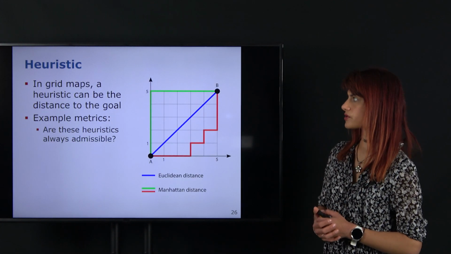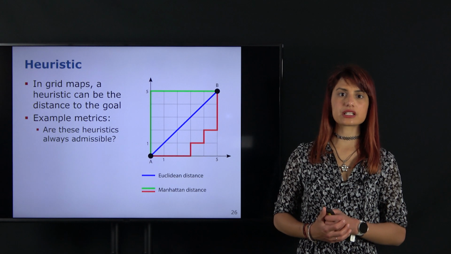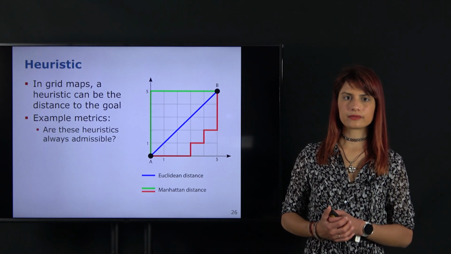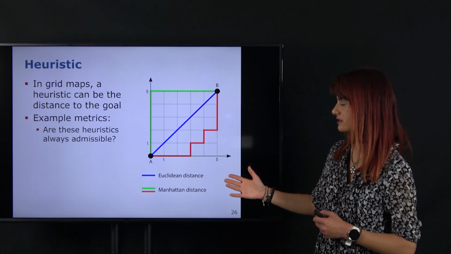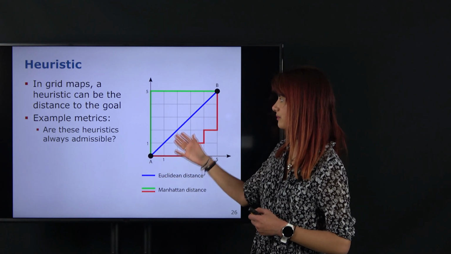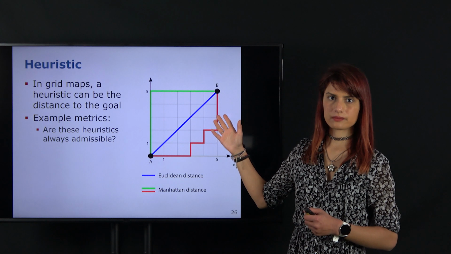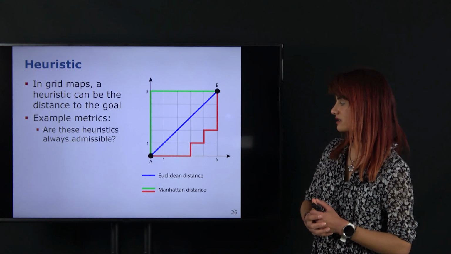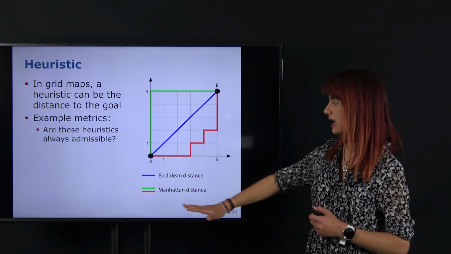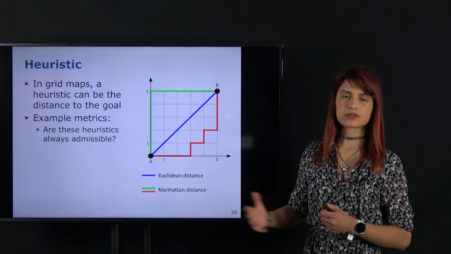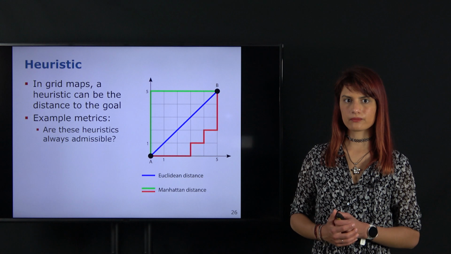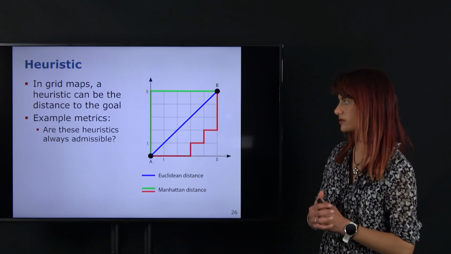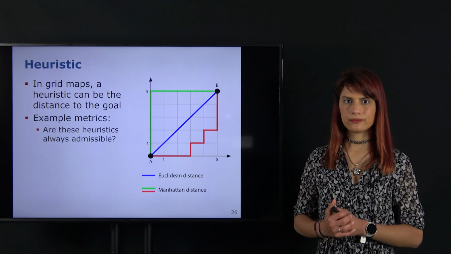Here are some examples of heuristics that we can leverage in a grid map world. We can define distance using Euclidean distance, which is the shortest line segment distance connecting 2 points. Distance can also be defined as Manhattan distance, which is the absolute sum of the coordinates of the points in Cartesian space. Are these heuristics always admissible?